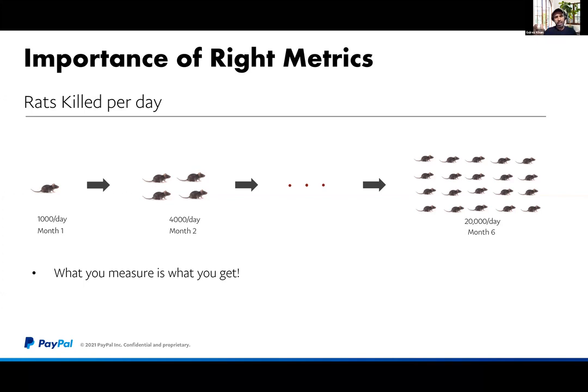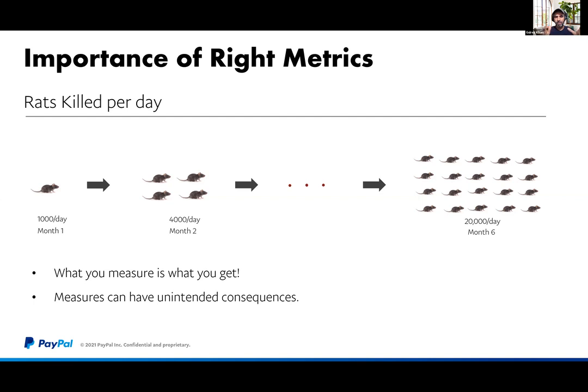Rather, our focus should be on the customer friction points, the problems that the customers are facing. What you measure is what you get, and measures can have unintended consequences.